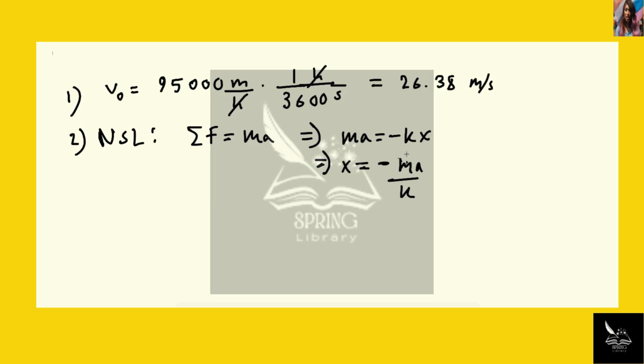All right. So once you have that, you can move on to the next step, which is energy conservation. For that, we equate the initial kinetic energy, which is 1/2 mv naught squared, to the elastic potential energy, 1/2 kx squared.